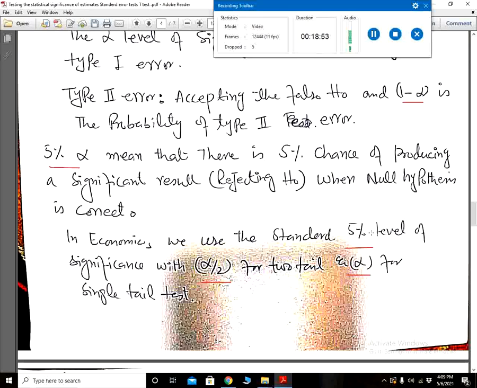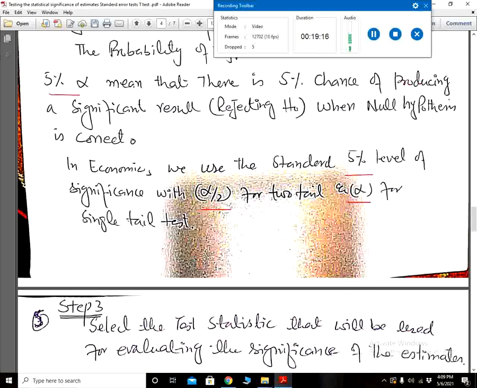Usually the type 1 and type 2 error is a contrast between the type 1 error, rejecting a true null hypothesis, and the confidence interval. If you reduce the probability of type 1 error, then the confidence interval will increase or vice versa.